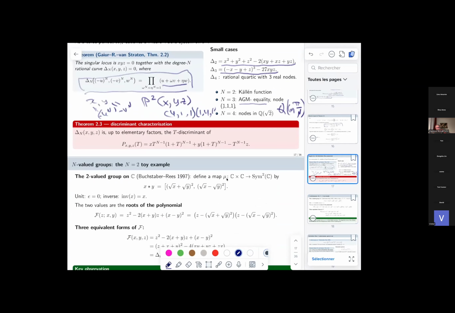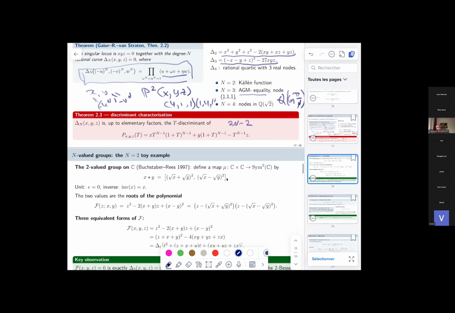The next theorem: there is a polynomial of degree 2 times n minus 2 in T. And if we compute the discriminant in T of this polynomial, we obtain exactly this discriminant locus. And all this observation looks like just a game, but it is not a game.